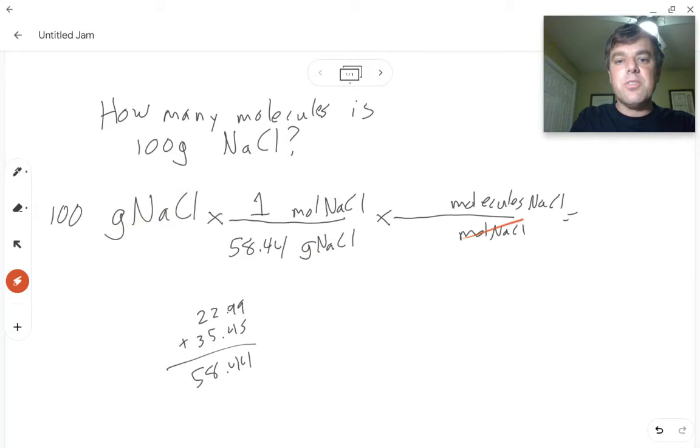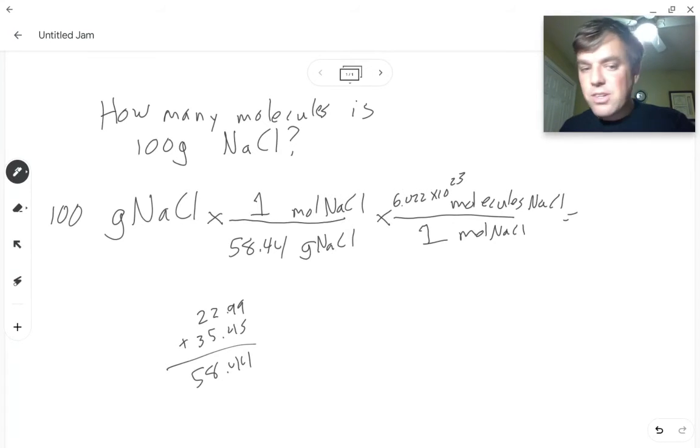Same with moles and moles. All we're left with at the end is molecules, which is what the problem is asking us to find. The relationship between moles and molecules is always the same: 1 mole is 6.022 times 10 to the 23rd molecules.